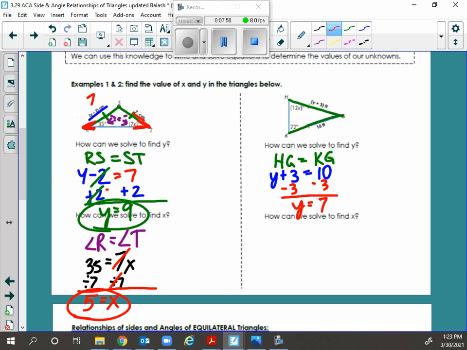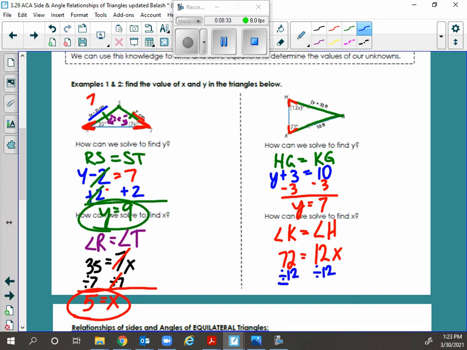Okay. Now to find x, I have to do the same thing I did before. I have to realize that angle K is equal to angle H. Angle K equals angle H. If angle K is 72 degrees from the picture, and H is 12 times x degrees, then all I would need to do is some simple algebra and divide both sides by 12.